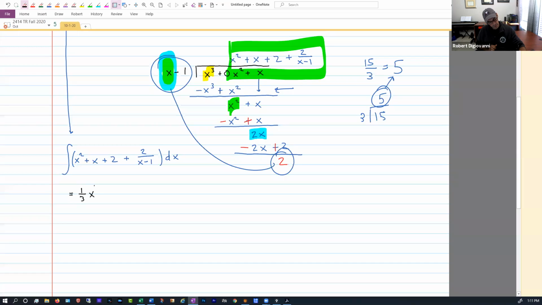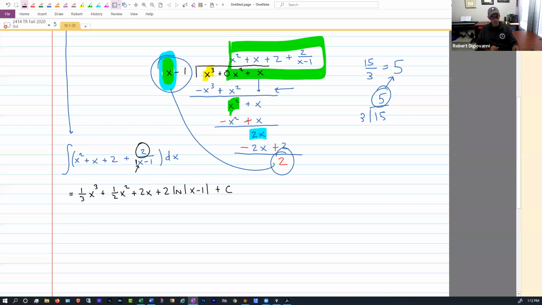1/3 x cubed plus 1/2 x squared plus 2x plus 2 natural log of x minus 1 plus c. And I don't have to scale that because there's a 1 in front of that x. I don't have to scale that natural log by anything, right? I still have to have the 2 that was here.